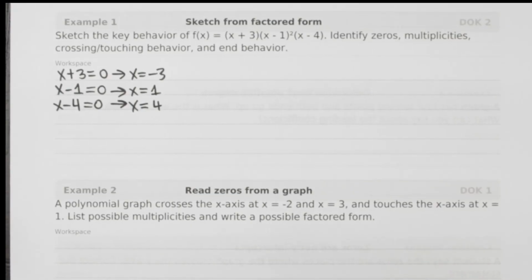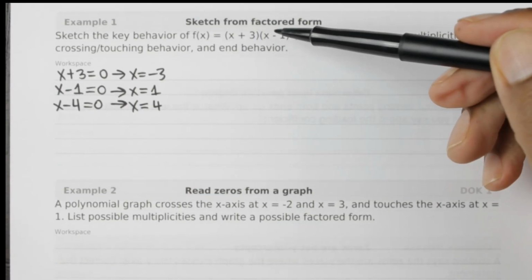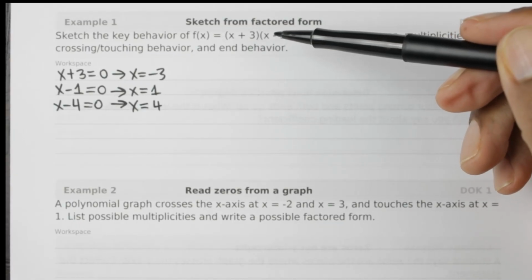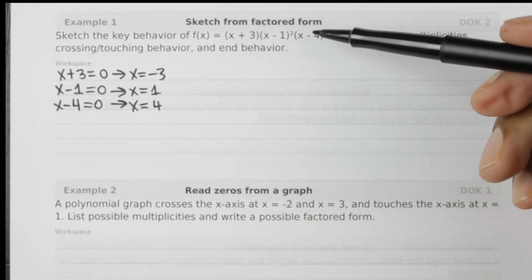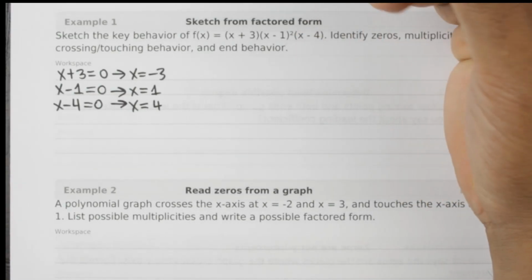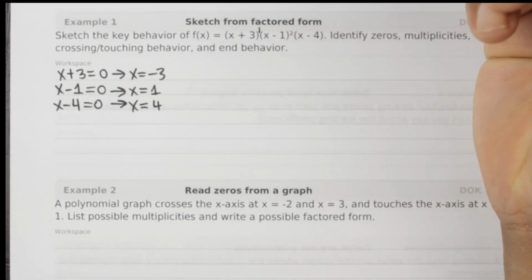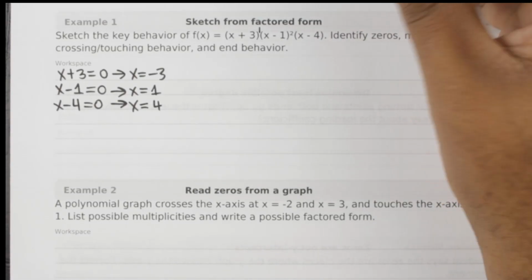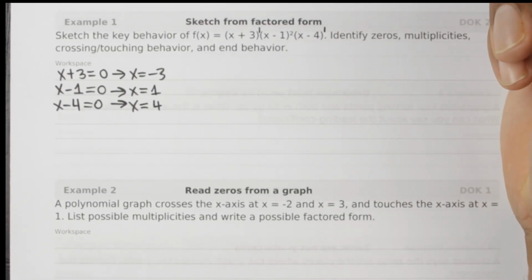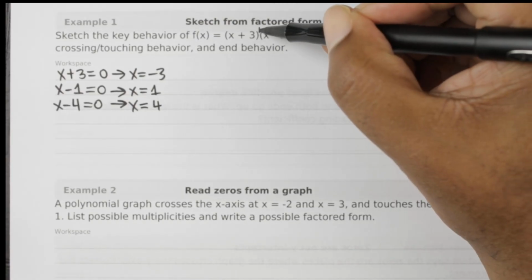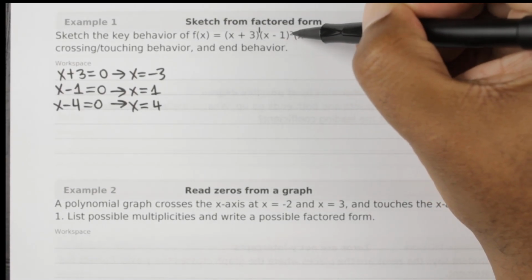Now, identify the multiplicities. In this expression, we're going to have an exponent of 1 here, an exponent of 2 here, and we also have an exponent of 1 here. So the factor x plus 3 has an exponent of 1. The factor of x minus 1 has an exponent of 2.